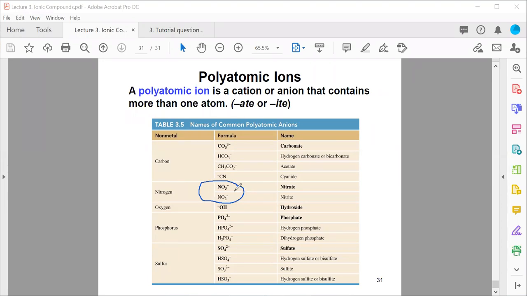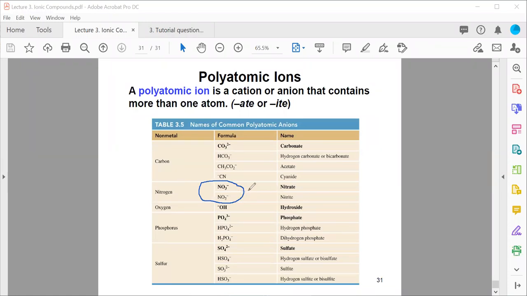Nitrate, correct, nitrate. So plants do like nitrate. They can actually take up nitrate. Okay, what about nitrite? Do plants like nitrite? No, they don't. It's actually toxic.